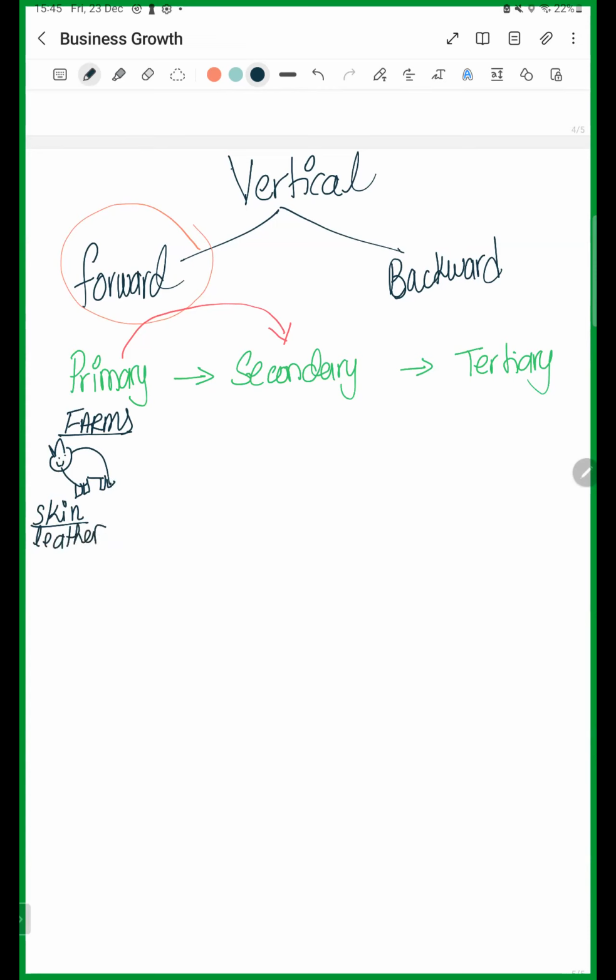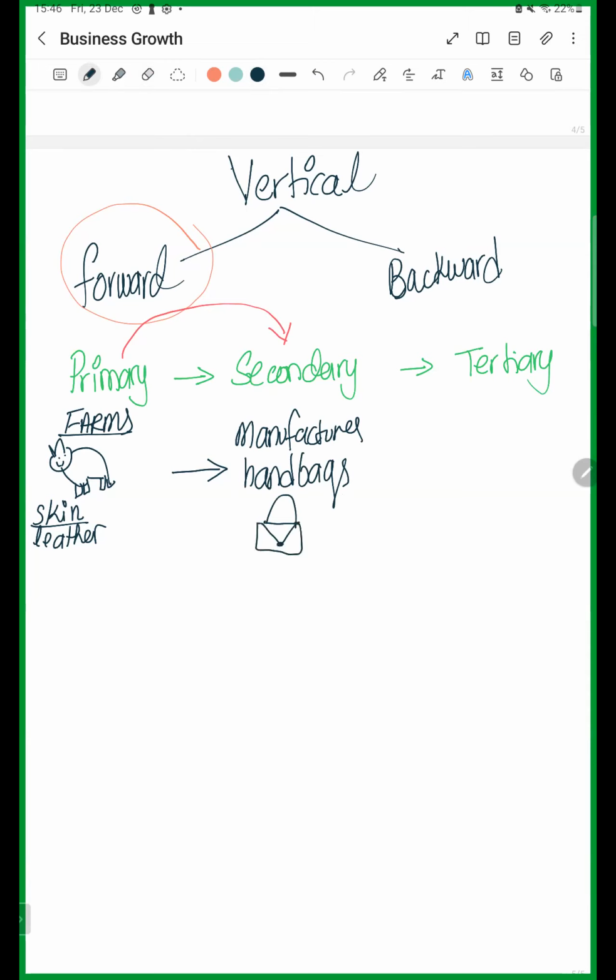And then there's this company that manufactures, let's say, handbags using that skin and leather. So we've got a company that is producing handbags.